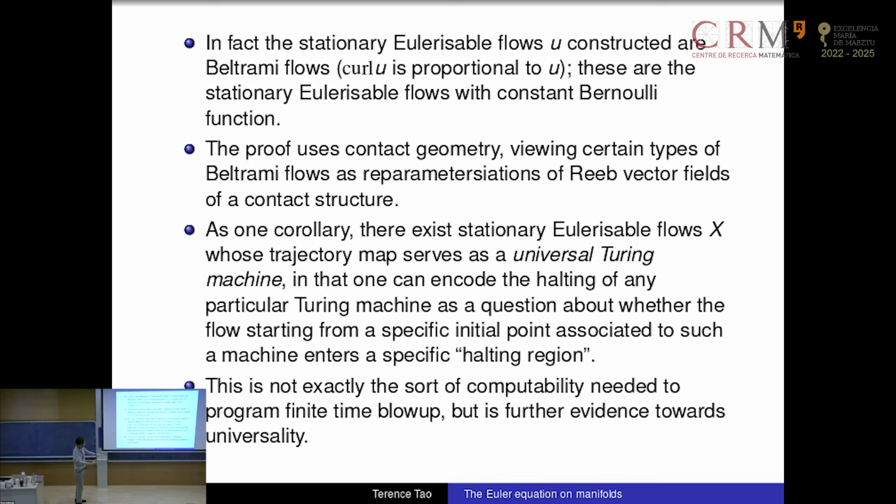You can encode any question about the halting of any Turing machine as a question about whether a specific orbit hits a region or not. In particular, the question whether an orbit hits this region is undecidable. So stationary Euler flows can be arbitrarily nasty.